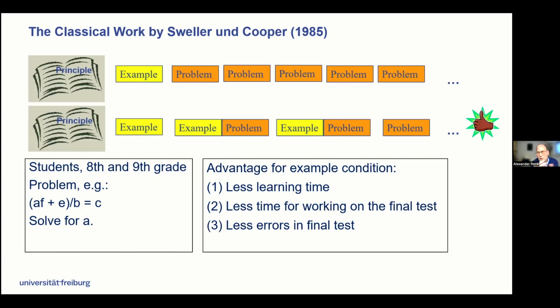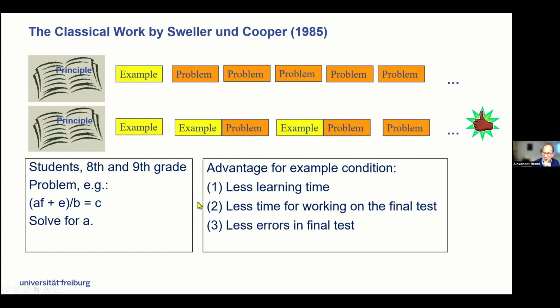So you do not always find all these three advantages at the same time. I did a lot of studies in this area. Sometimes you find just that it goes faster and the learning outcome might be comparable, or the learning outcome is superior, but there's no time advantage. But in the very positive case, it can also come out like this.